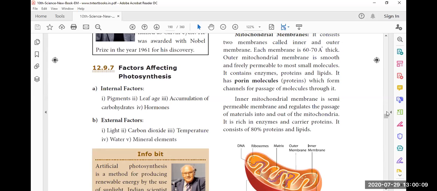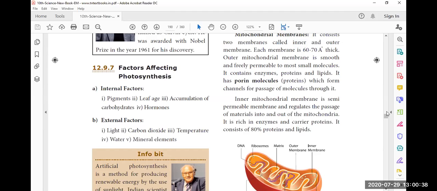Third, accumulation of carbohydrate: if more carbohydrate is accumulated in the plant, it also affects photosynthesis. Next, hormones. Plant hormones also affect the process. There are different kinds of hormones in plants, such as auxin, cytokinin, gibberellin and ethylene.